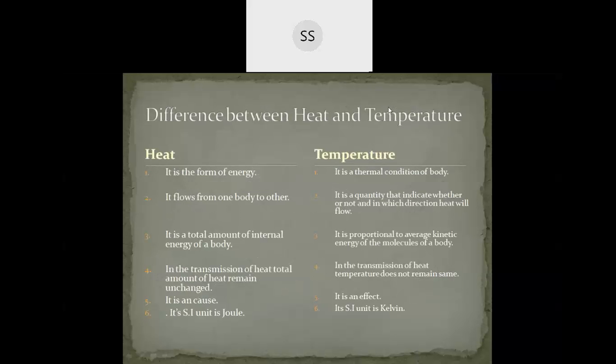So if heat is transferring from body A to body B, then the temperature of body A will decrease and the temperature of body B will increase. That means temperature does not remain the same. We can easily see the difference.